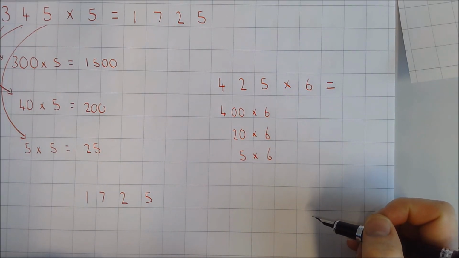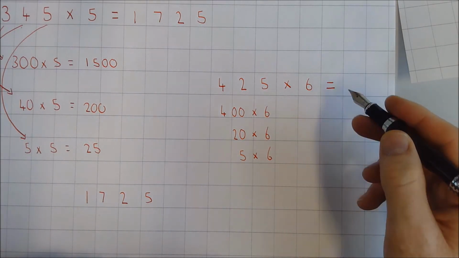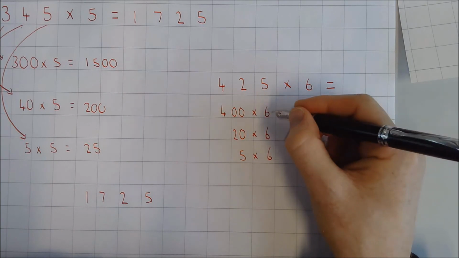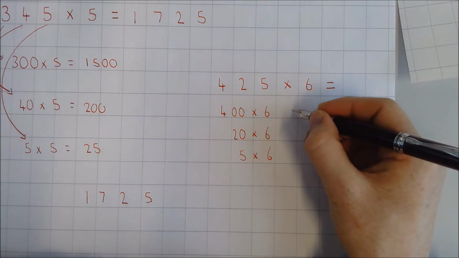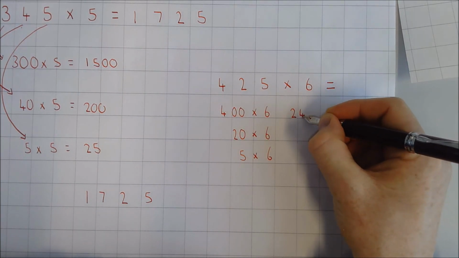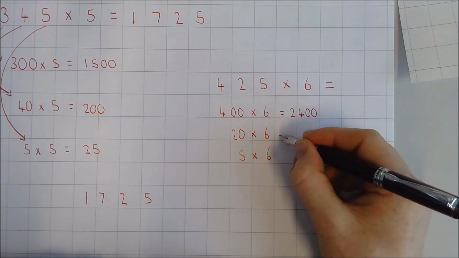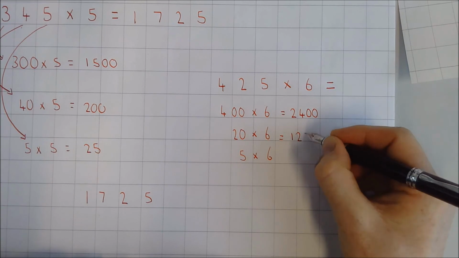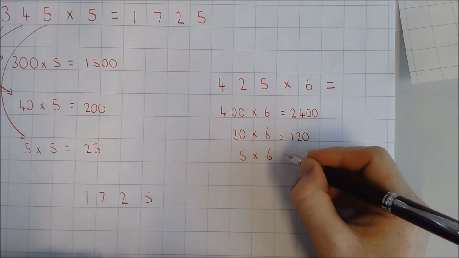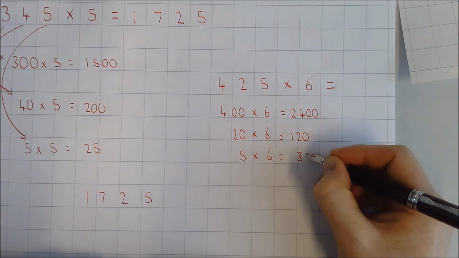What would the next step be? That's right, we'd find our partial products. 400 times 6, well 6 fours are 24, multiplied by 100. 2 6s are 12, multiplied by the 10, 5 6s are 30.